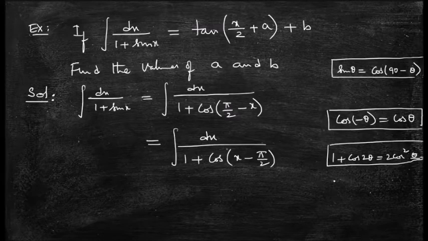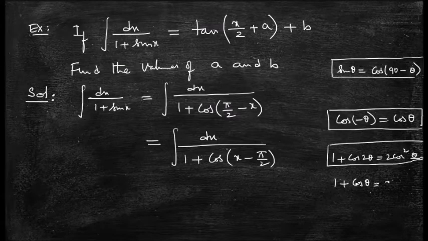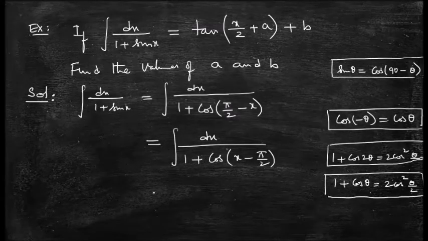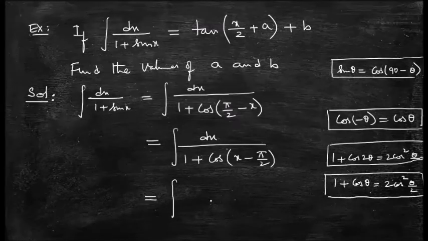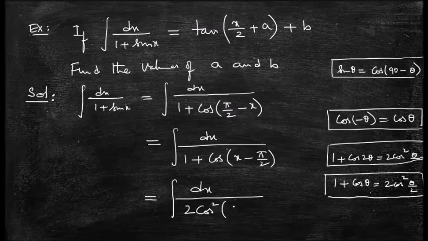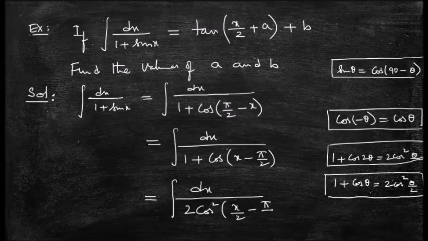So if I write it in the form 1 plus cos theta is equal to 2 cos square theta by 2, it becomes half of it. So as per that, changing into this form, I can write this as dx by 2 cos square (x by 2 minus pi by 4).